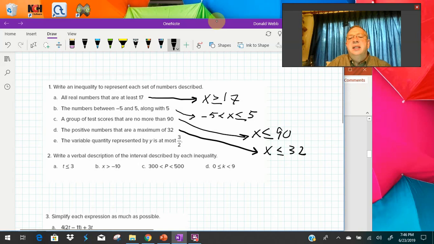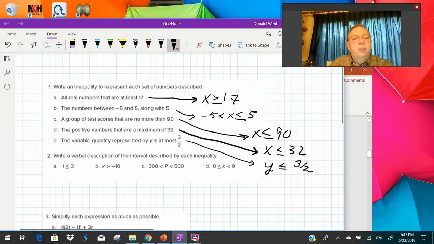So x less than or equal to the 32 can include it, and that's a maximum of 32. So here we're going to do at most 3 halves, at most 3 halves, less than or equal to 3 halves.